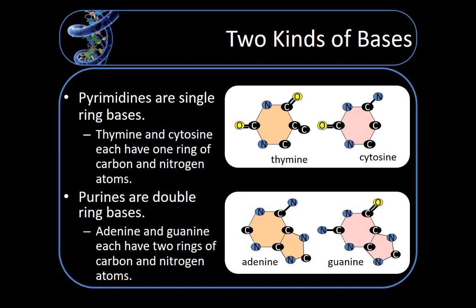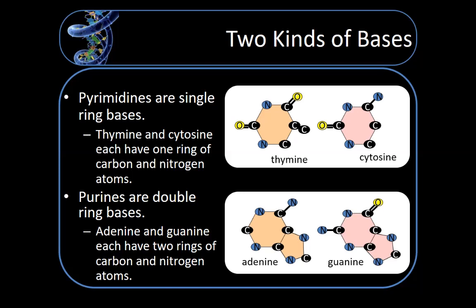Adenine binds with thymine, and cytosine binds with guanine. Notice that one purine bonds with one pyrimidine. Thymine is a pyrimidine, and it binds with adenine, which is a purine. Cytosine is a pyrimidine that binds with guanine, which is a purine.